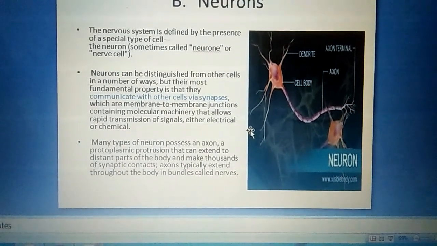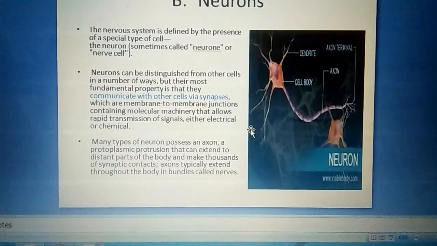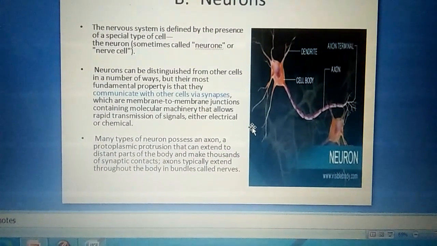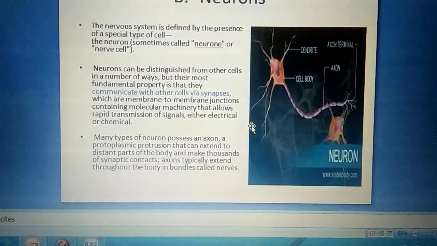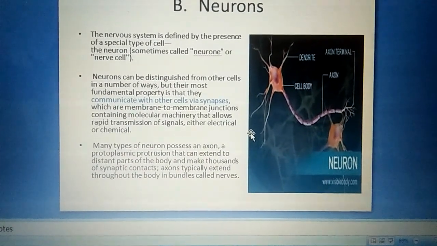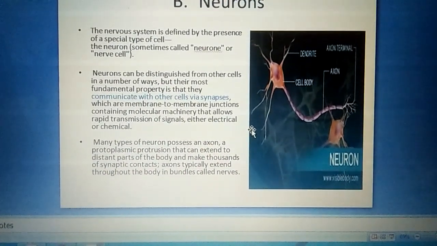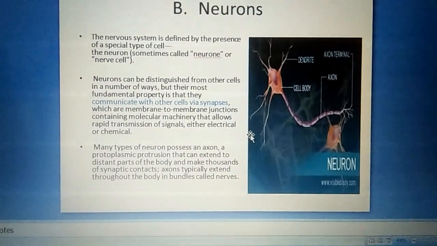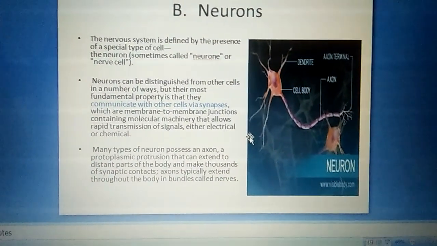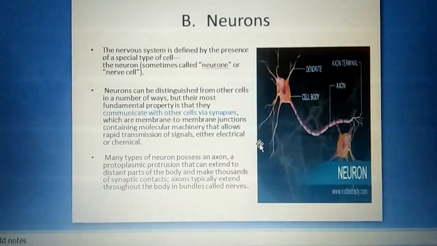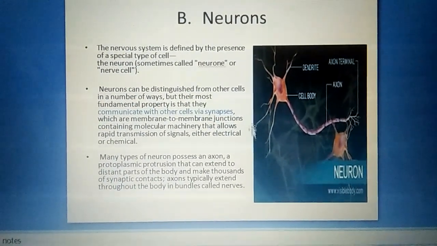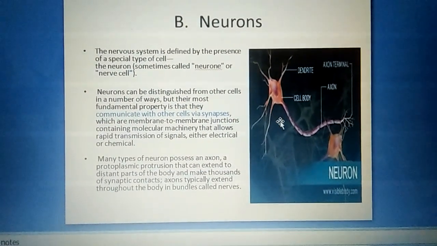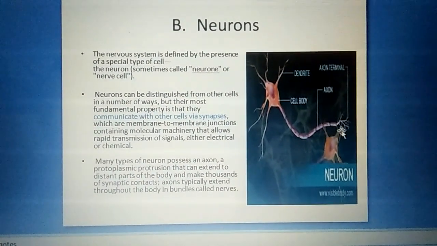Many types of neuron possess an axon, a protoplasmic protrusion that can extend to distant parts of the body and make thousands of synaptic contacts. Axons typically extend throughout the body in bundles called nerves. We can see here the whole neuron, dendrite, cell body, and then axon and axon terminal.